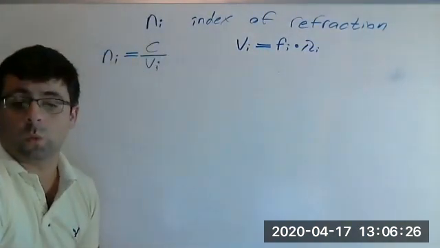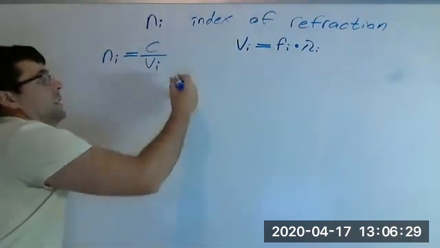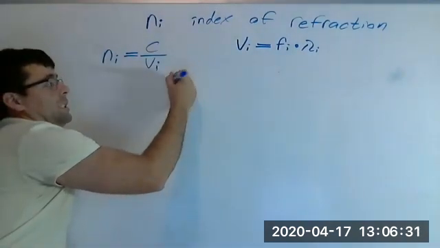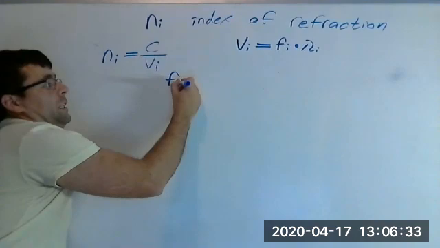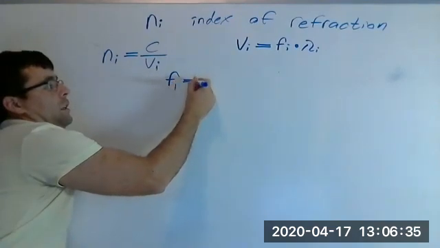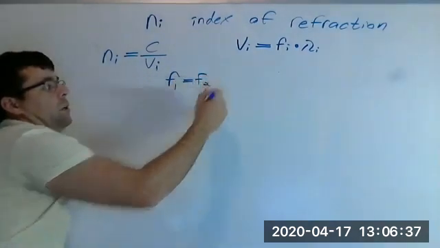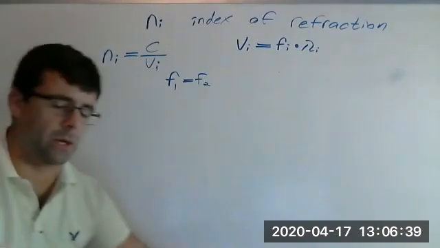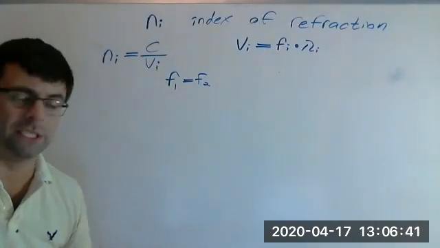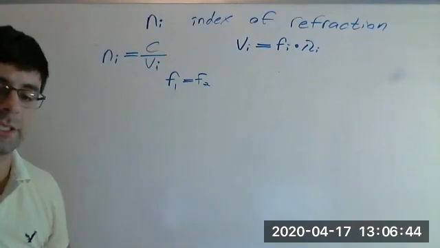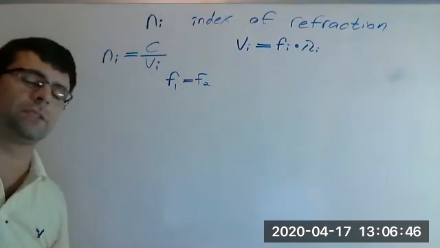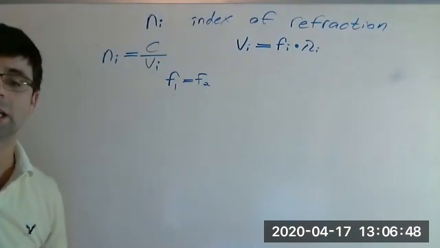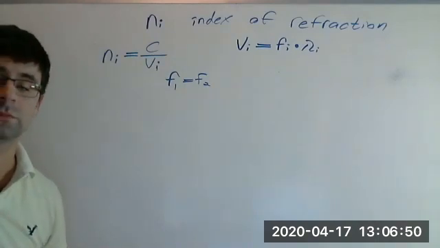So we also discussed that with light, frequency remains the same. We didn't go too far into why this is. More or less, we just basically took it as a given.